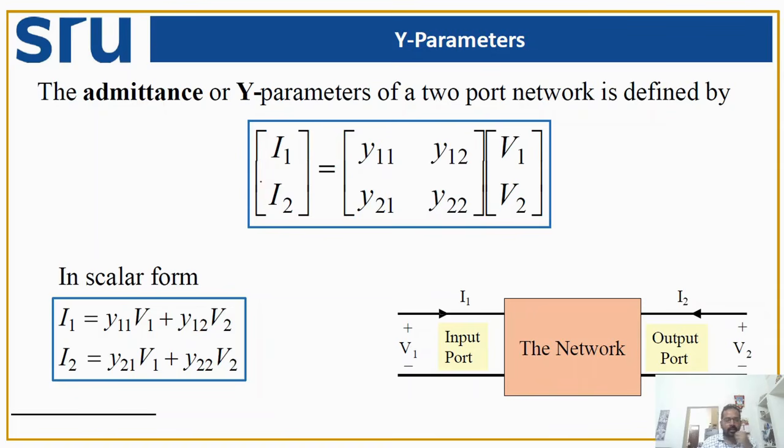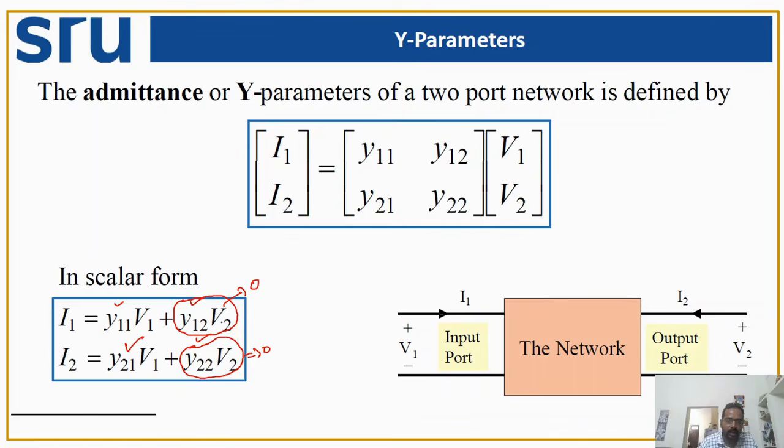The next question that comes to our mind is how do we determine these Y parameters, Y11, Y12, Y21 and Y22, by short circuiting the input and output ports. If we short circuit the output port, we make V2 equal to 0, so the terms containing V2 become 0.